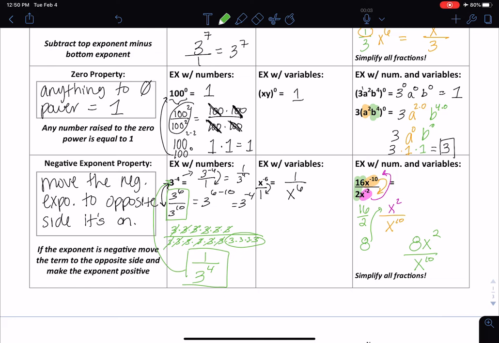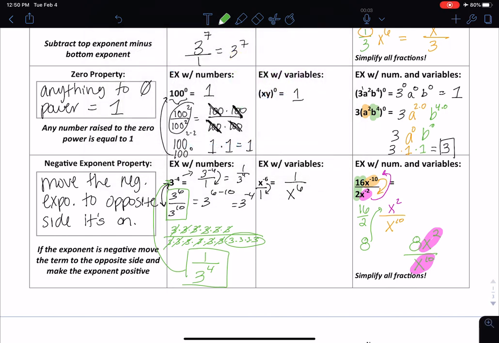Once all my answers are positive exponents, I'd be done. But real quick, I'm sorry, I forgot. My x's, they have the same base, so I still have to get rid of them. Remember, we do top minus bottom, so 2 minus 10 is negative 8.